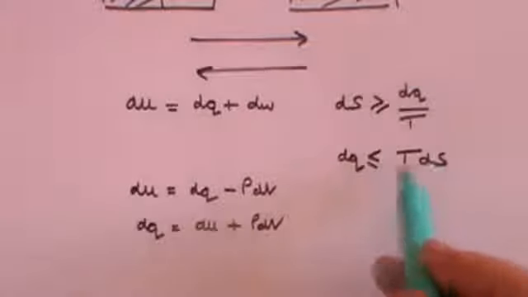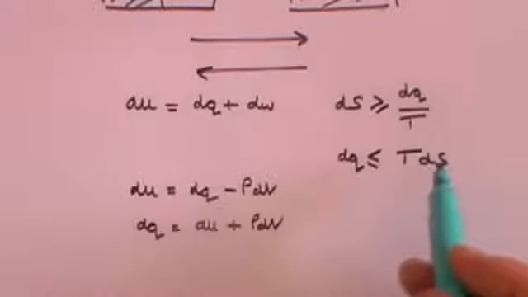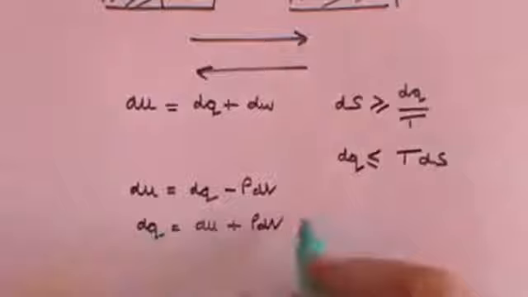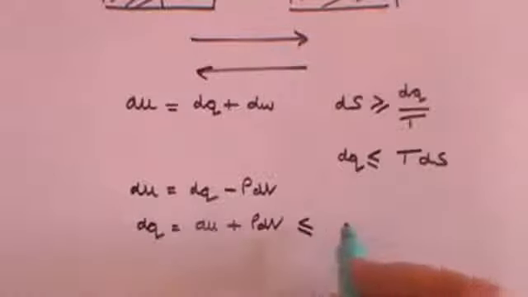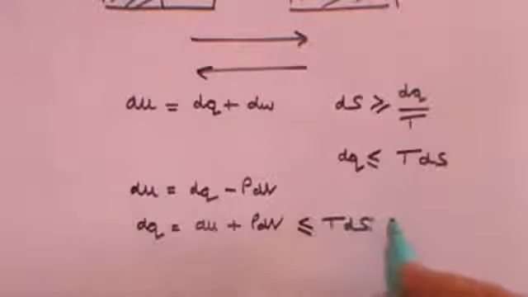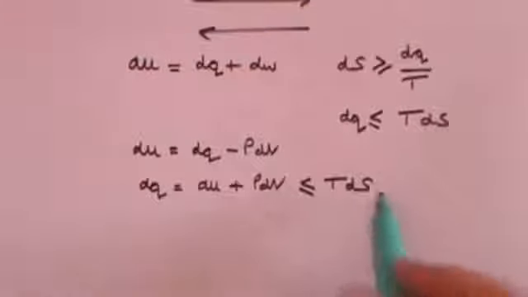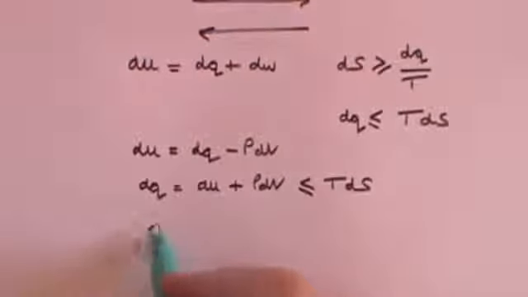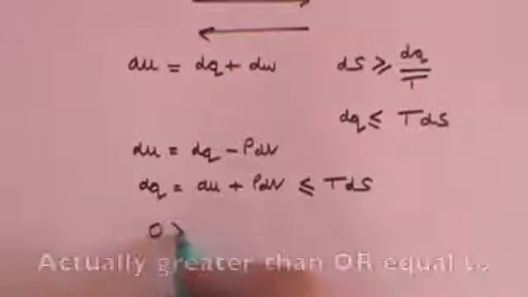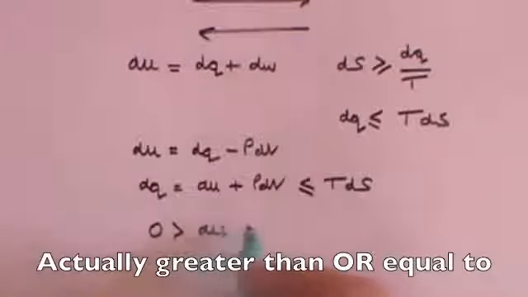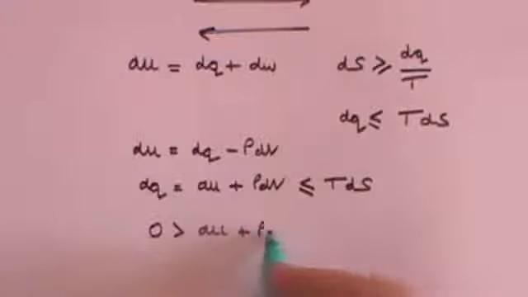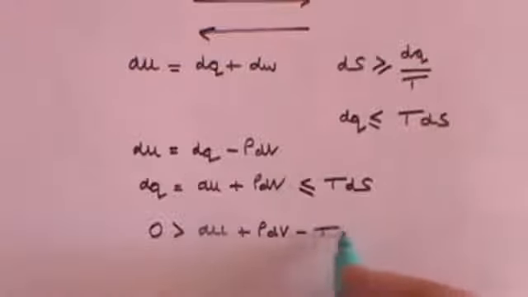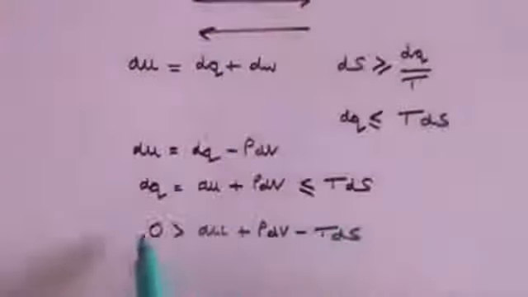But dQ is always less than or equal to T dS. So dU plus P dV is less than or equal to T dS. And if you rearrange that formula, you get that 0 is greater than dU plus P dV minus T dS.